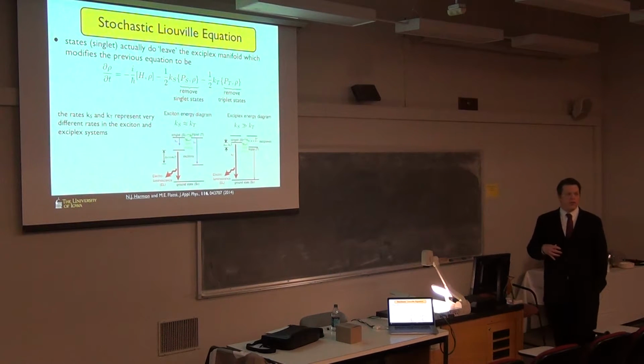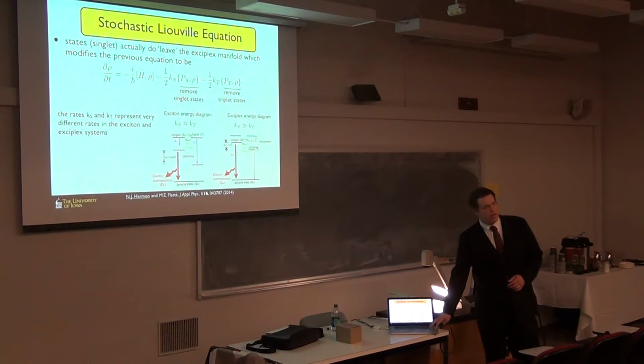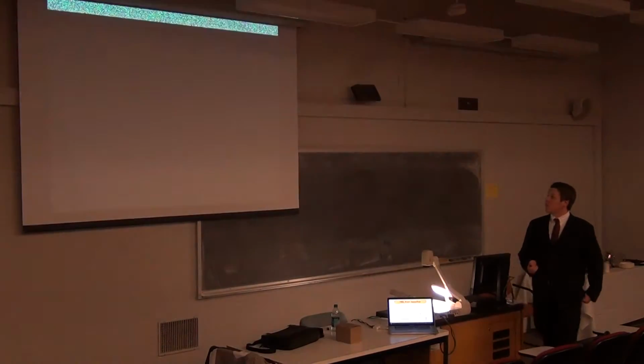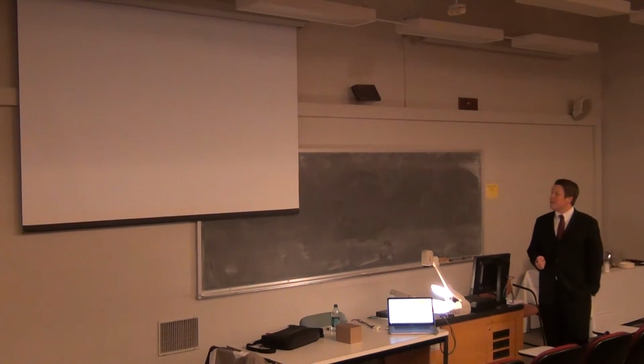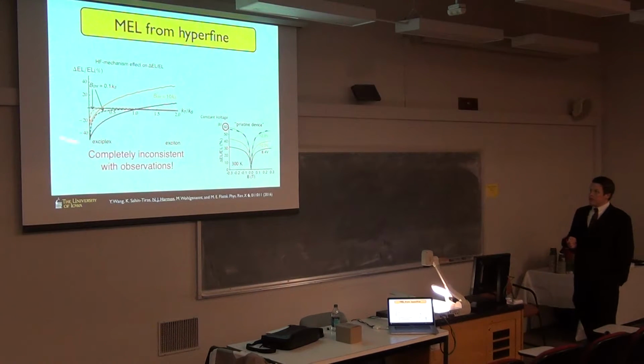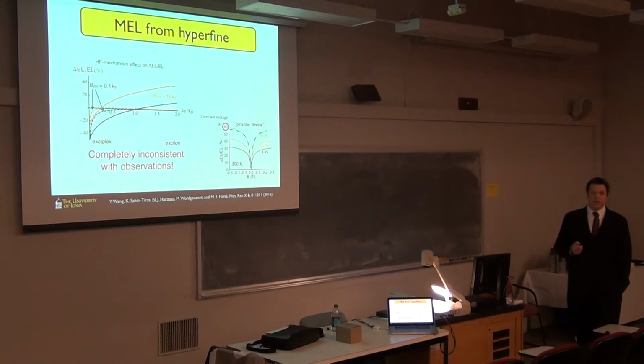So these are very different realms of these recombination processes. So I've calculated the MEL for hyperfine. So here's the MEL, magneto-electroluminescence, and here is KT over KS. And since we're in the exciplex system, we know KT is about 0.